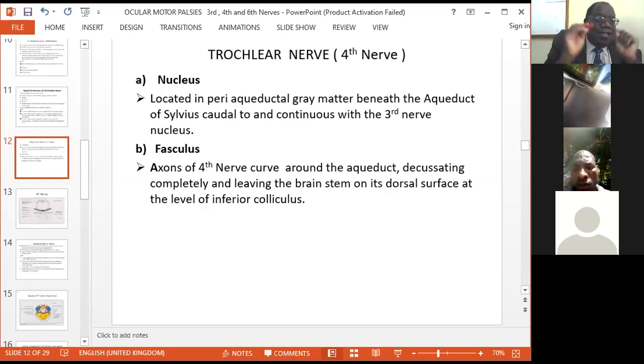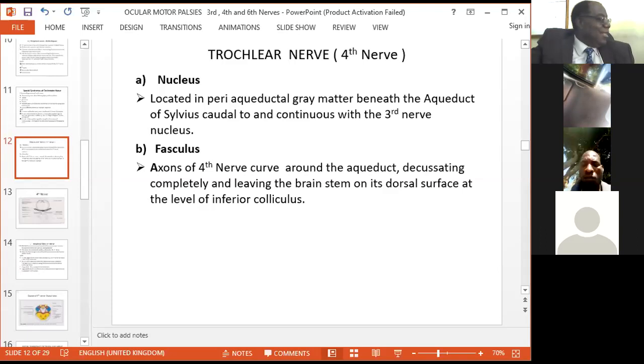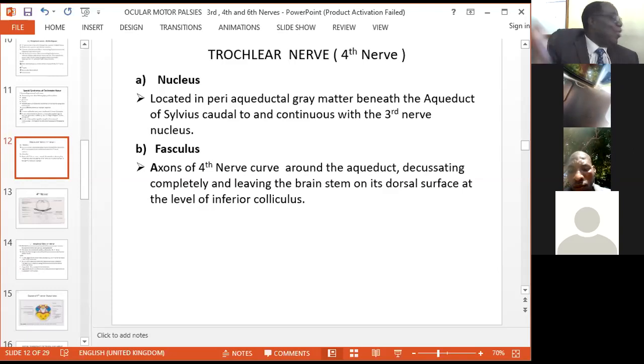Unless you understand the way the fibers move, you will make the mistake of assuming that if it's on the right side, the nucleus is on the right. That means you didn't understand this crossing over issue. If you understand the crossing over of the fibers, then you know that although the lesion is showing there, it must be on the other side at this level.